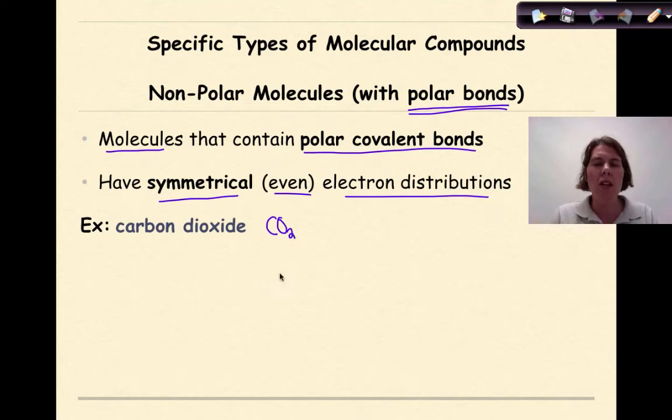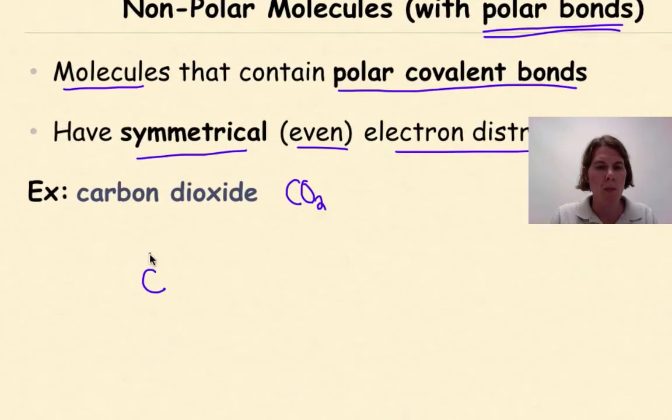When I do this in class, I always start out by doing the Lewis dot diagram of it, then showing the structural diagram of it, talking about the electronegativity differences and how we use our polarity arrows. So if I was to do the Lewis dot diagram, I'd start with carbon in the center with 4 dots: 1, 2, 3, 4.